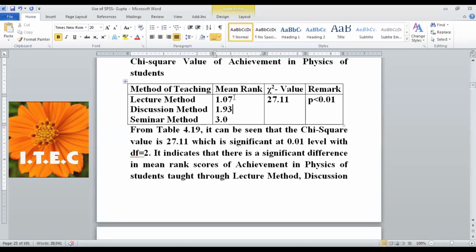It is not possible. So therefore, you can say here that through seminar method, the students benefited more because the same topic was taught earlier by two methods, and this is the third time they were listening to the same teacher, the same content, but the method is different.